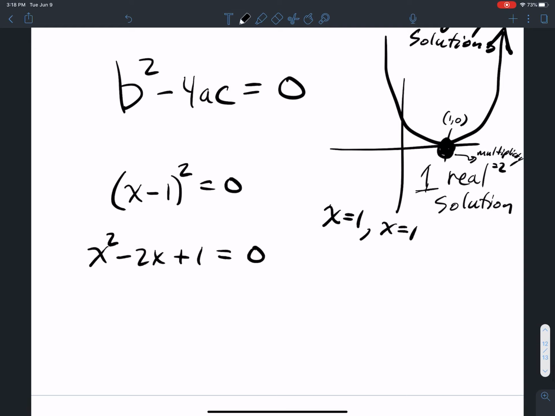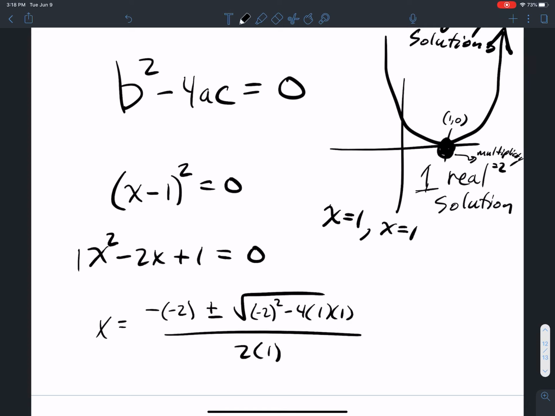If you ran through that scenario, a is 1. Negative b is 2, so it's 2 plus or minus the square root of b squared, which is -2 squared, minus 4 times ac, all over 2a. What does that get you?